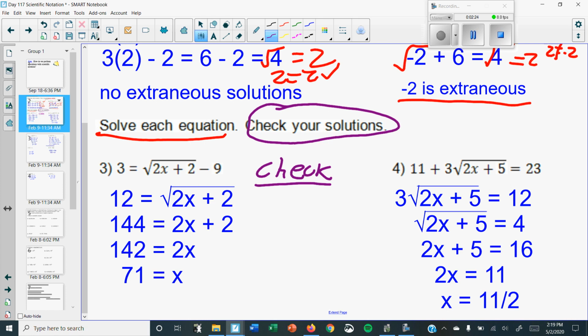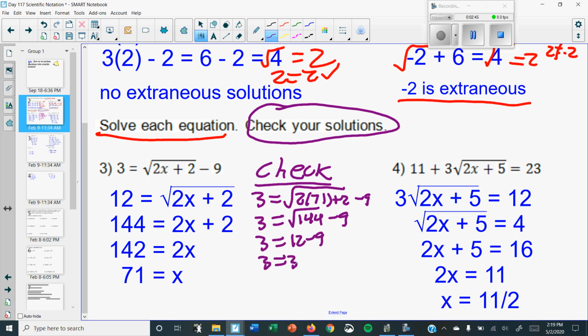So we got to try out the answer. 3, does that equal the square root of 2 times 71 plus 2 minus 9 on the outside? 2 times 71 is 142. 142 plus 2 is 144. The square root of 144 is 12. Is 12 minus 9 3? Hey, 3 equals 3, so 71 did work.